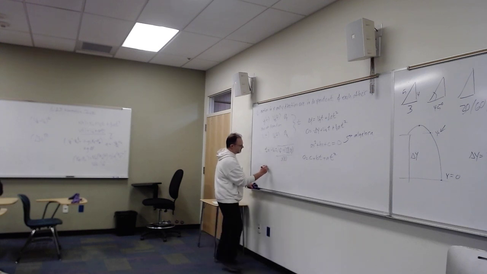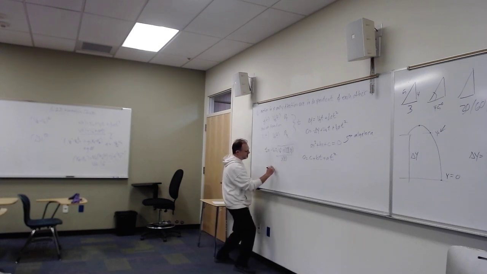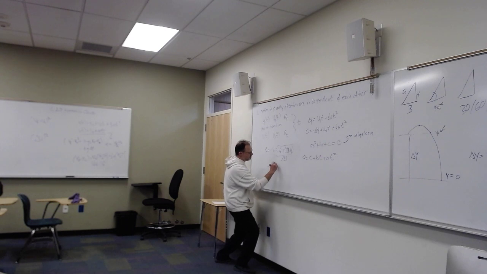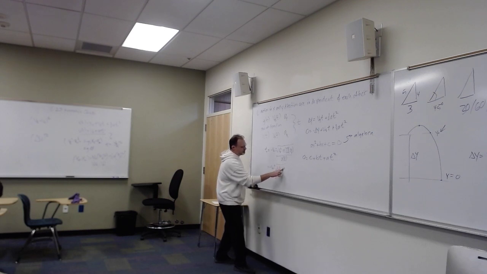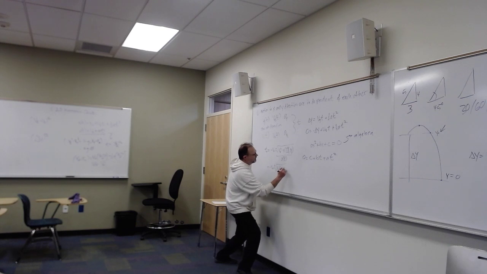So that gives us negative v naught plus or minus square root of v naught squared minus 2 a delta y, all over a.